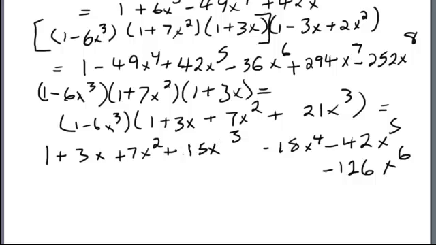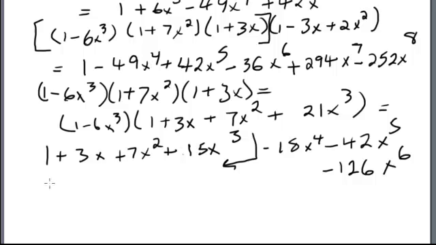It will only affect the terms from here on over. So these terms from x cubed on down are static. They are not going to be changed when I multiply this polynomial by 1 plus 49x to the fourth.